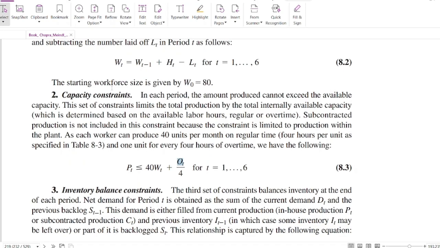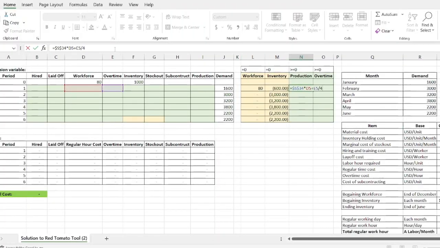Now, for the sake of solving it in Excel, we have to bring this PT to this side. If we bring this PT to this side, then it will be minus production, which is this.